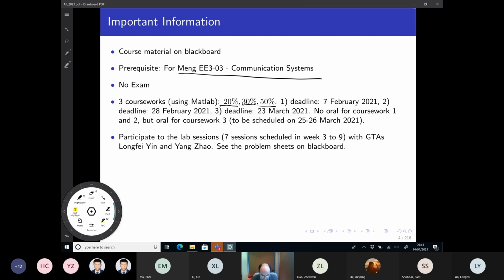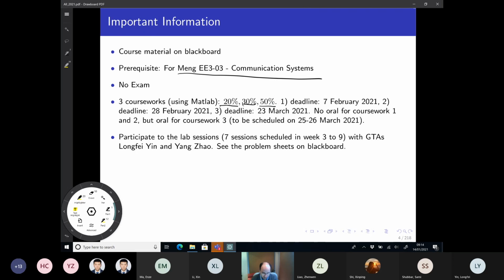The reason for this is to make sure that we finish the material a bit ahead of time, around week 8, so that you have more time to digest all this and go into coursework 3.